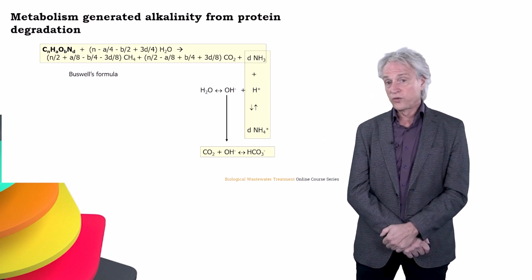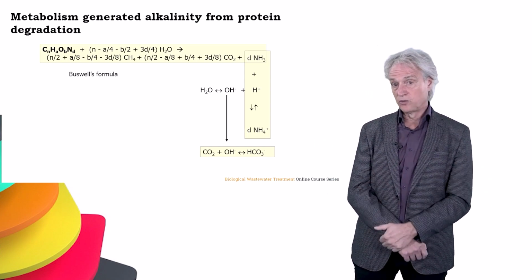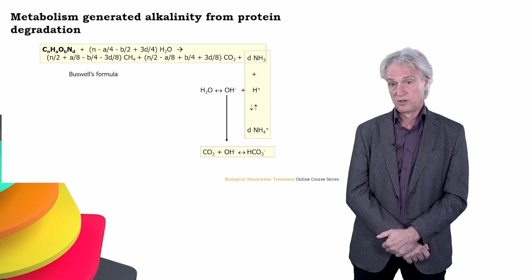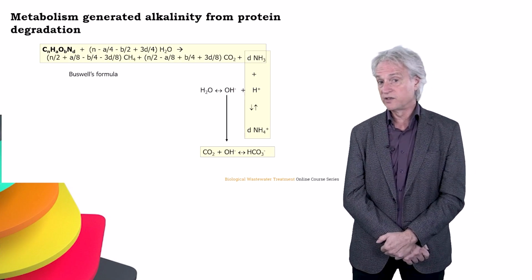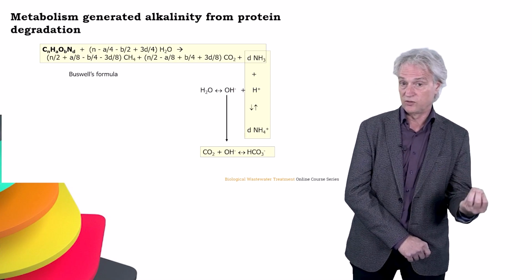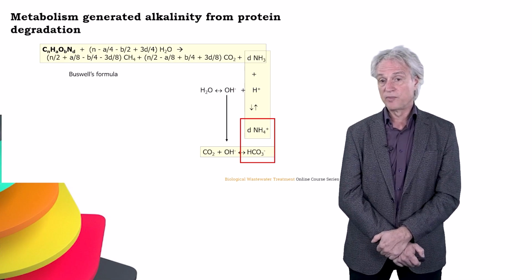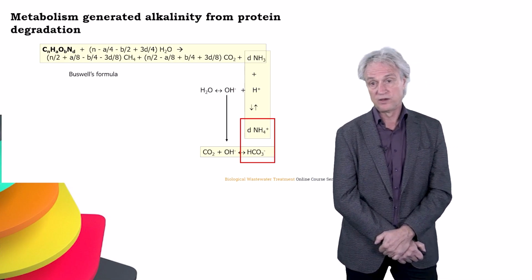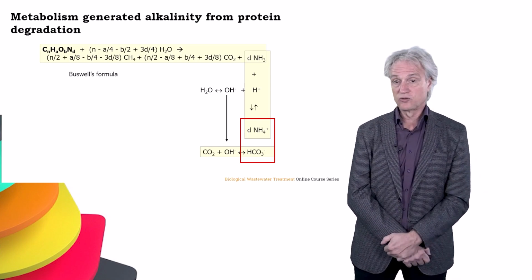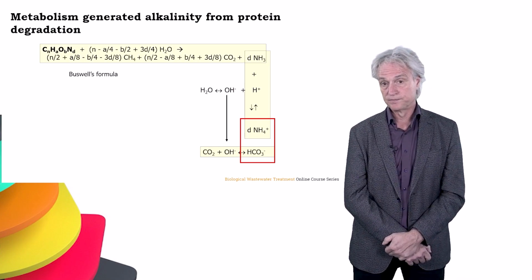Now this water, which is split to donate the proton, also donates a hydroxyl ion. And this hydroxyl ion reacts with CO2 and forms bicarbonate. And this bicarbonate, with the ammonium, gives the salt ammonium bicarbonate.